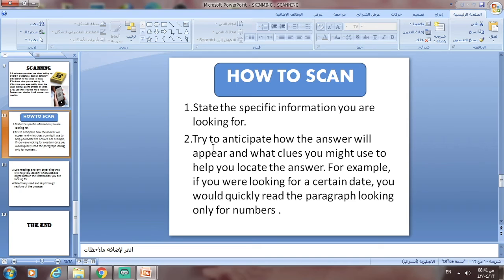For example, if you were looking for a certain date, you would quickly read the paragraph looking only for numbers, okay? You don't look for everything. You want to see the clue. The date is written in numbers, so you will start searching for only the numbers.